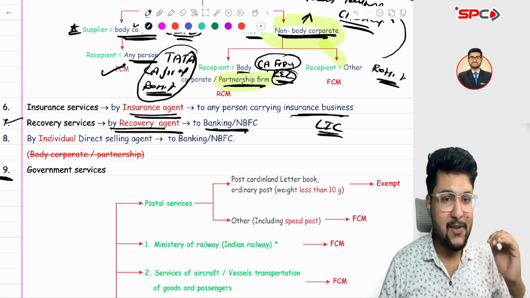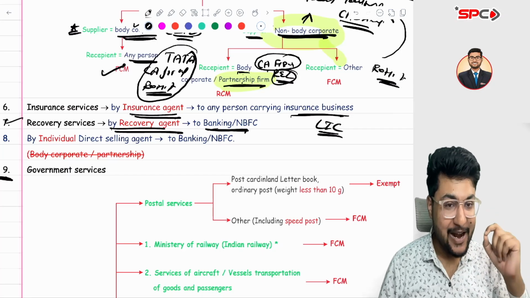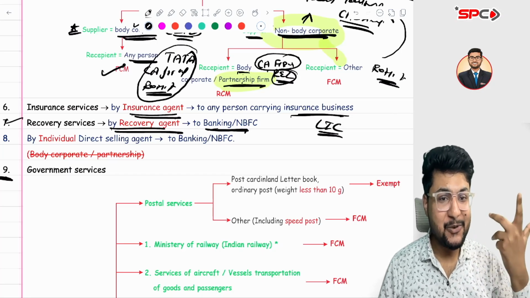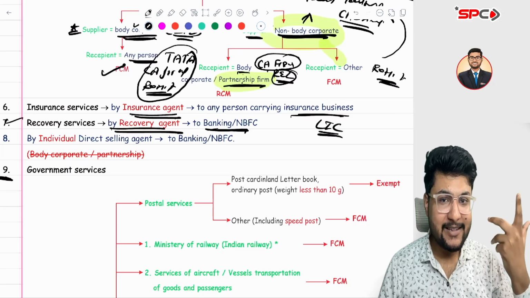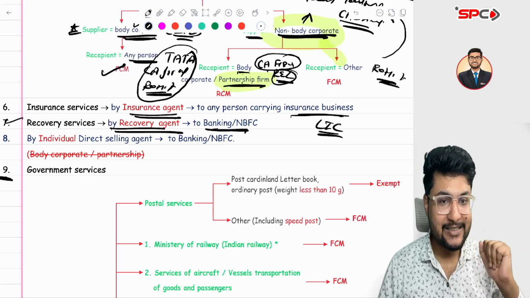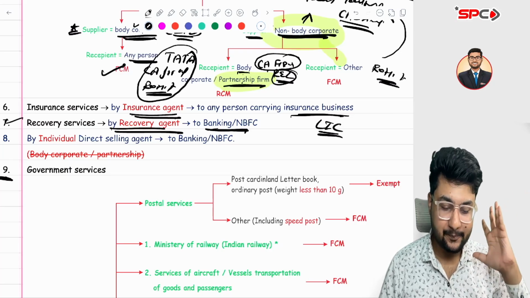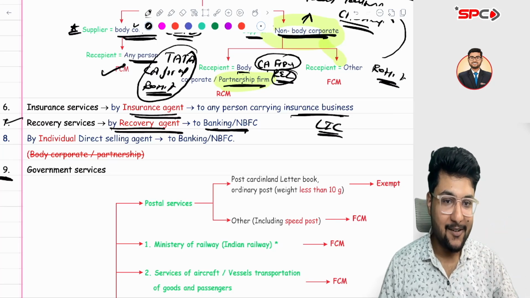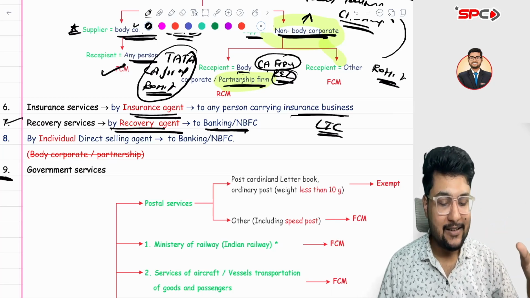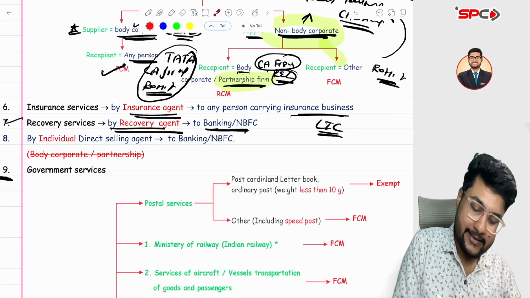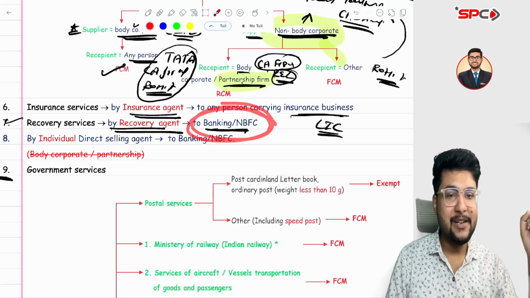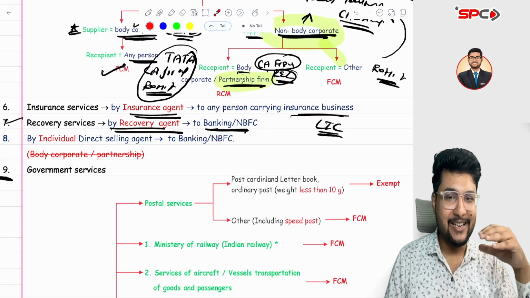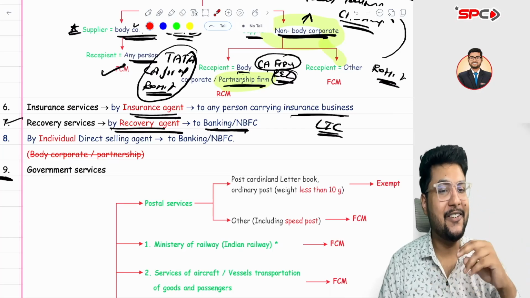You say, sir, I will pay after becoming a chartered accountant, but after becoming one, you say, what money, bro? Then I hire some local gundas and they beat you. Whatever money I pay to the gundas, local agents, is not covered under RCM. The law specifically mentions banking and NBFC, so any other person is not covered under RCM.